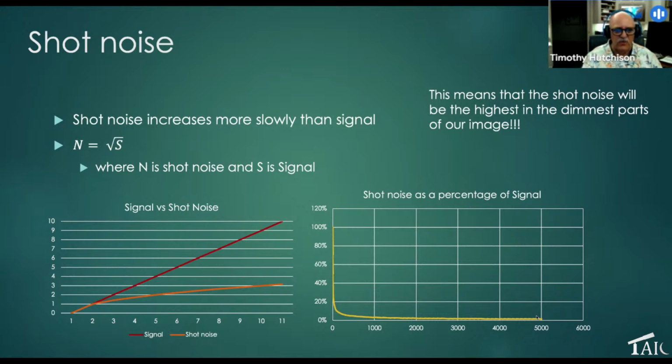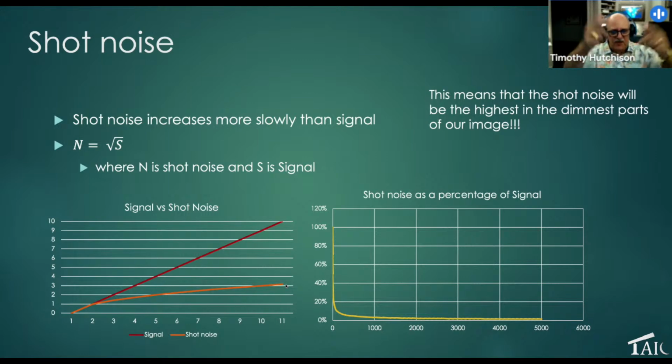Shot noise is the square root of signal. If we look down here on this graph on the left, as our brightness increases linearly, our shot noise at first keeps pretty good track with it, but then shot noise is slowing down more and more as our image gets brighter and brighter.